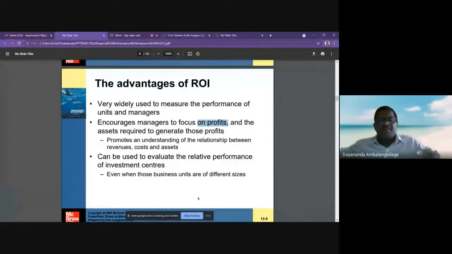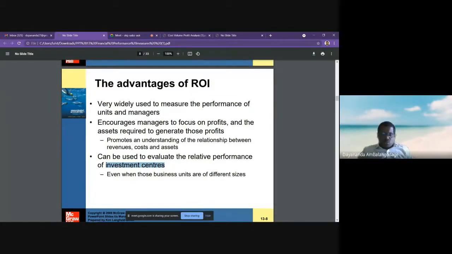So different CEOs can compare their performance with their colleagues' performance in the same group.